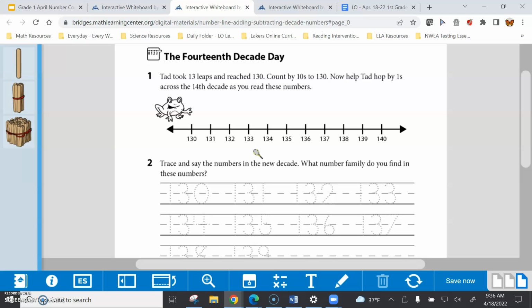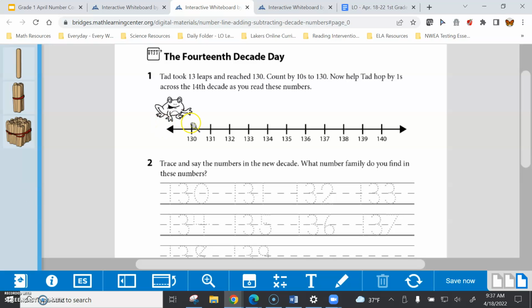Count by tens to 130. So let's do that. 10, 20, 30, 40, 50, 60, 70, 80, 90, 100, 110, 120, 130. Now help Tad hop by ones across the 14th decade as you read these numbers.